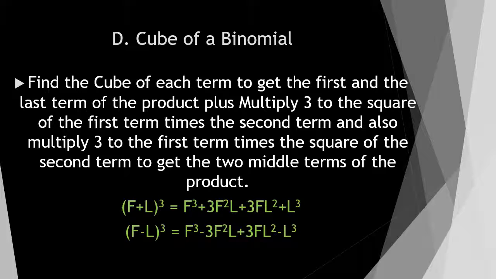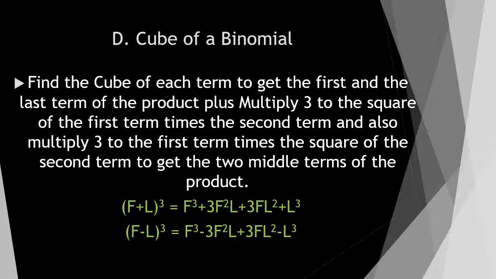Quantity f plus l raised to the power of 3, or cube, we get the cube of the first term plus thrice the product of the square of the first term and the last term plus thrice the product of the first term and the square of the last term plus the cube of the last term.